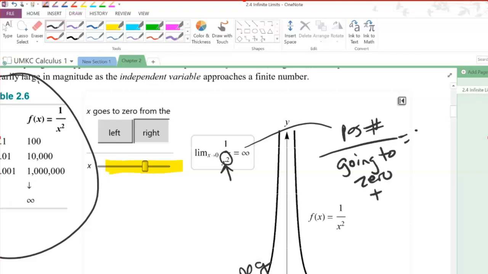So overall, I'm positive infinity. If I'm looking at it to the right, I'm positive, and so I have the numerator is a positive number divided by the denominator, which is going to 0, but it's always positive. So I end up with this positive infinity.